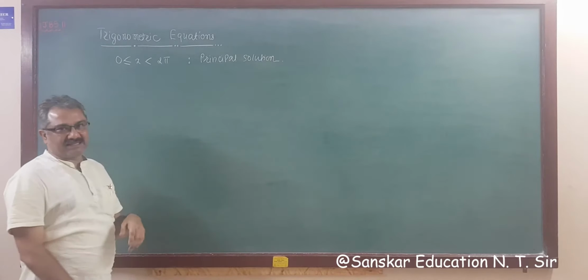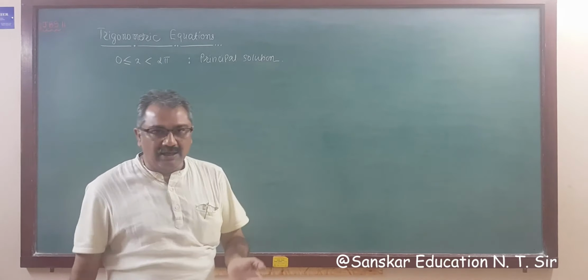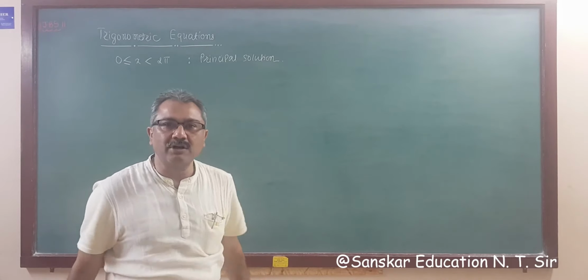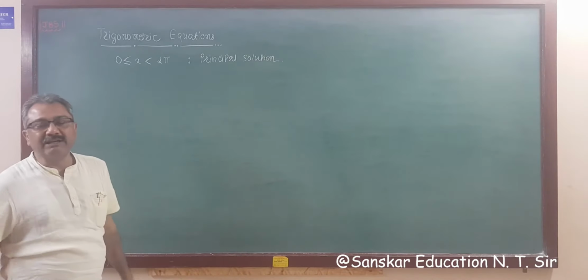So the value of x lies between 0 and 2 pi. Possible values of x lying between 0 and 2 pi are called the principal solution.